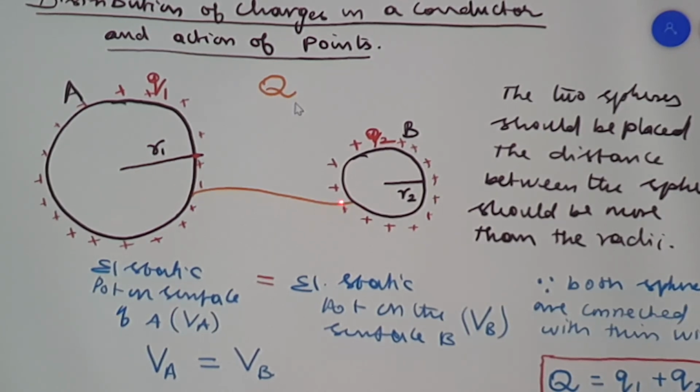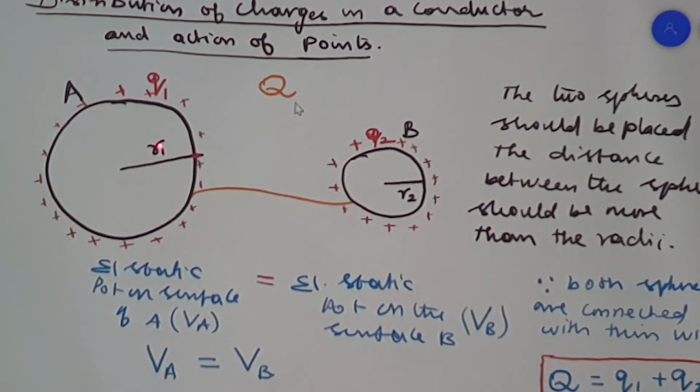After joining with the help of a thin wire, you supply a total charge of Q coulombs to the system. The charge given is distributed to the two spheres A and B in such a way that on the surface of A a charge of Q1 is distributed, and on the surface of B a charge of Q2 is distributed.